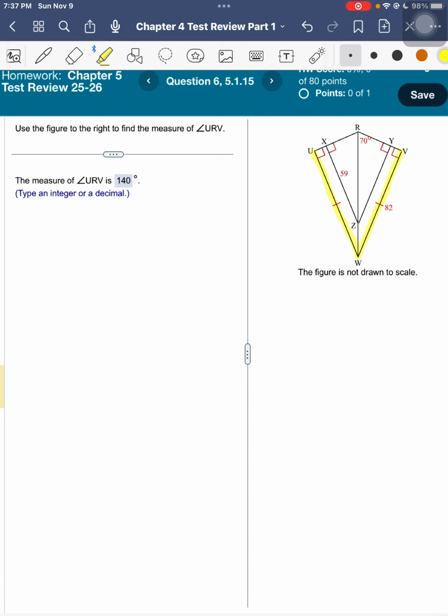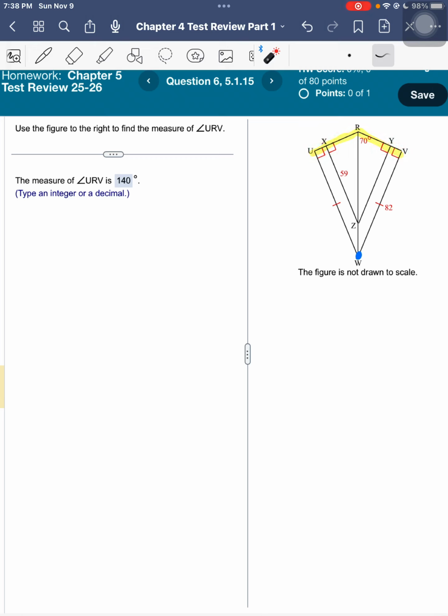How do I know that? This URV angle is being bisected because a point on this angle bisector, the highlighted one, we're going to call that point W, is equidistant, is it not? Look, this W, a point on this angle bisector, is equidistant, right? You see the one tick mark, to the two sides of your angle.